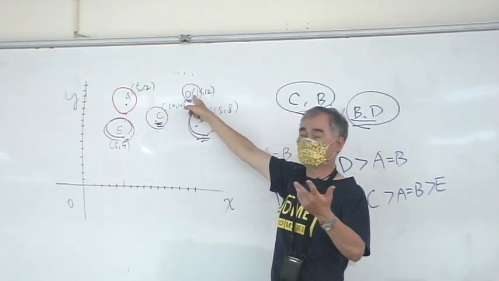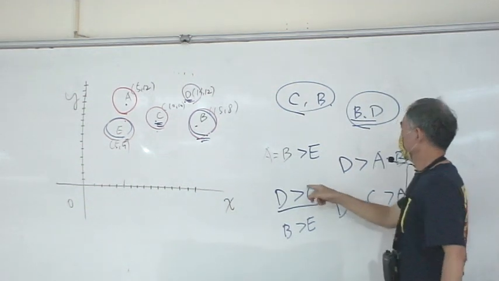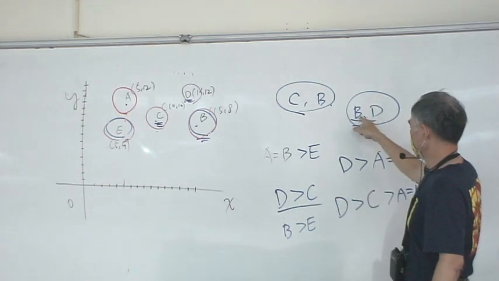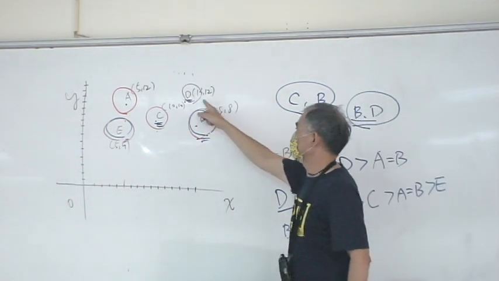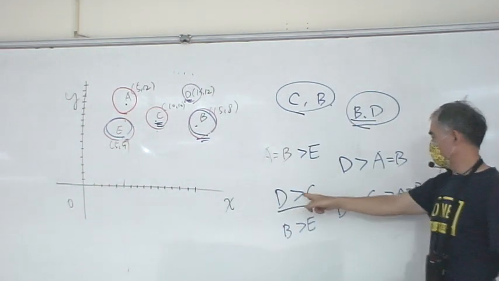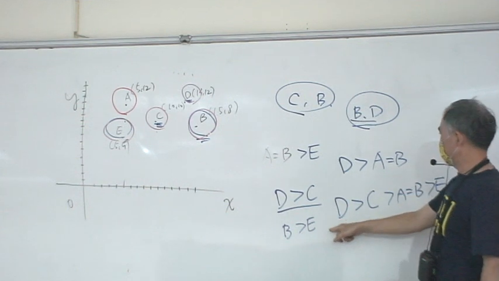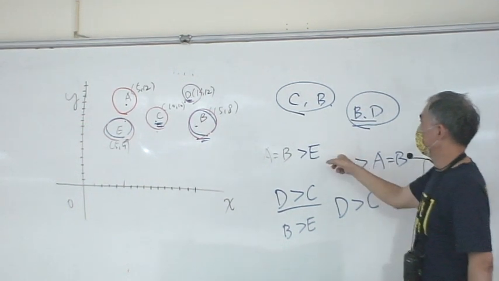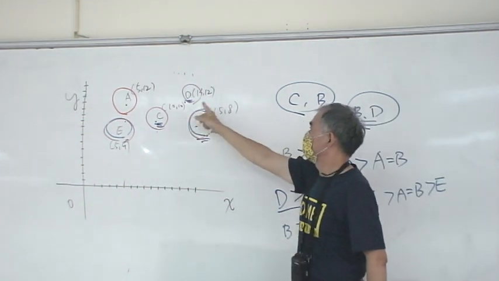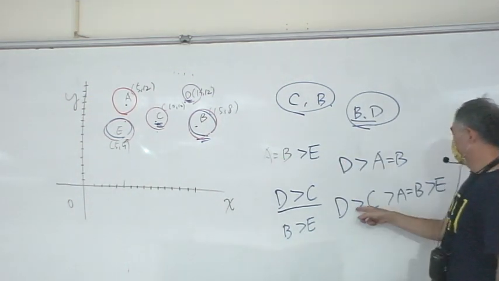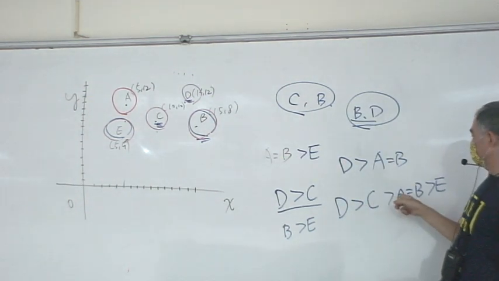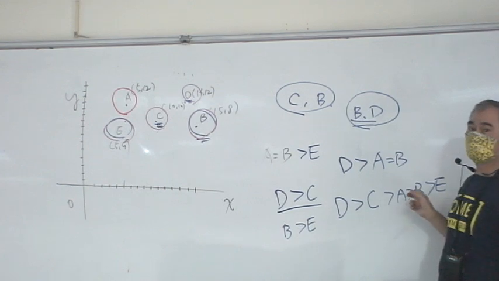So this one is better. Okay? And then you compare these two, right? From here you know that B is greater than C, A is equal to B and greater than E. If D is better than A, then D will be greater than C, A equal B, and greater than E.